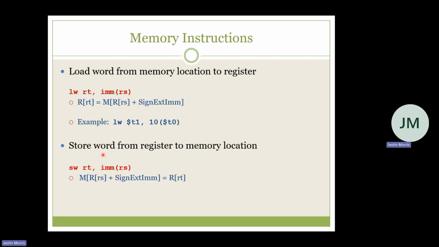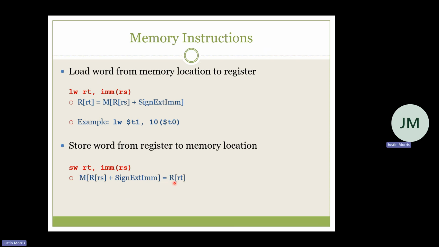And then we have this similar thing with store word, except now our destination is this memory because we're moving from register to memory. So in this case, RT is not a destination because there is no destination register.